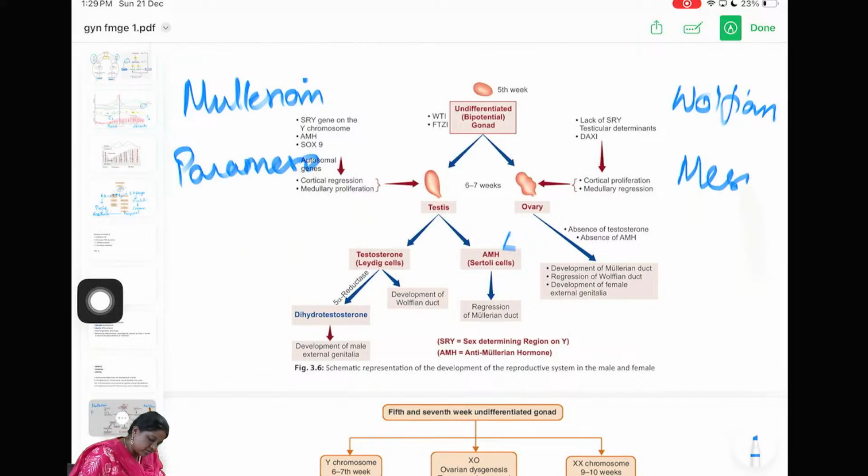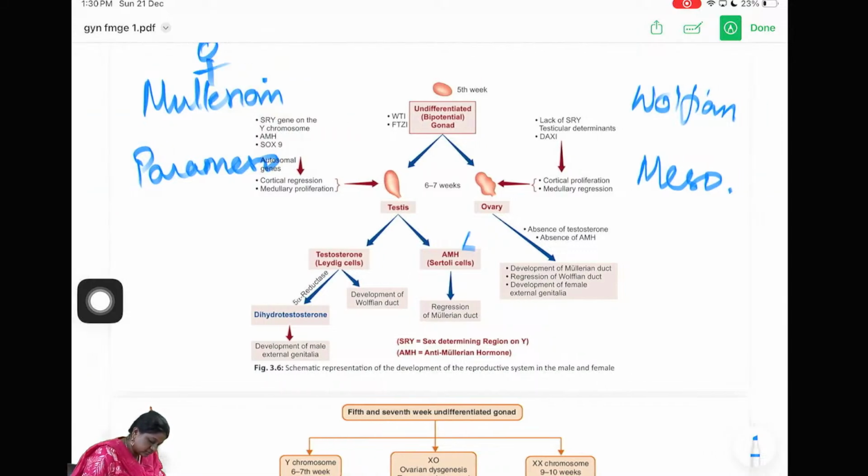I explained this in the last detailed class. The Mullerian is going to be in females and the Wolffian is going to be in males.